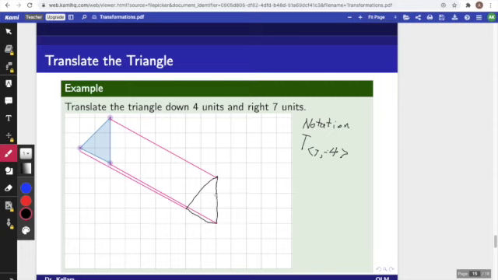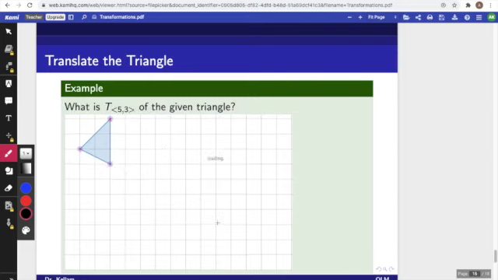And as we see, its shape is the same. Its orientation is the same. All we did was slide it from one spot to another. Let's look at one where we don't necessarily draw the lines, because you don't have to draw the lines. If you want to, you're allowed to.